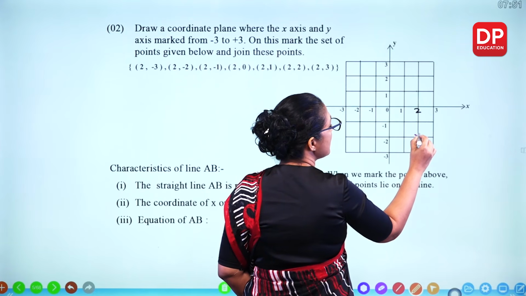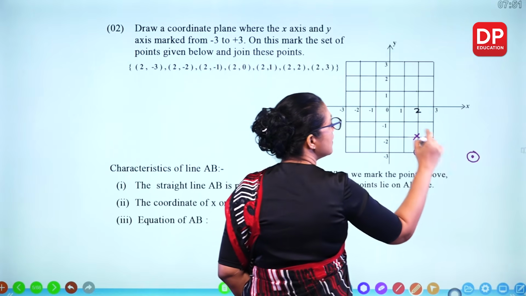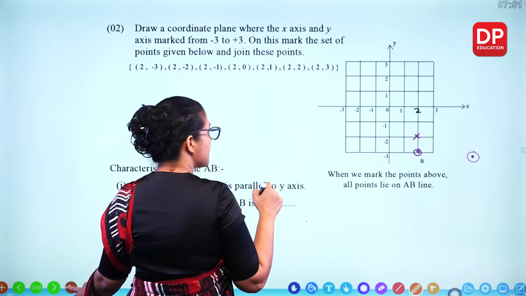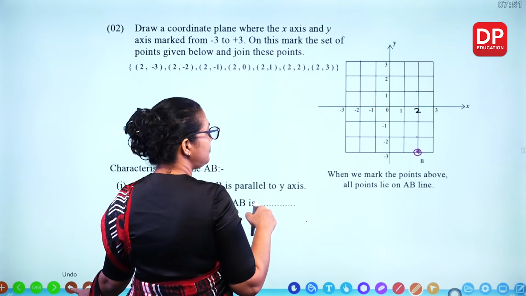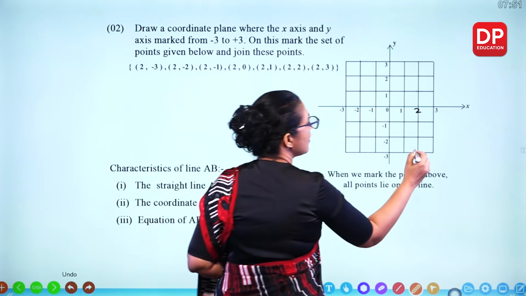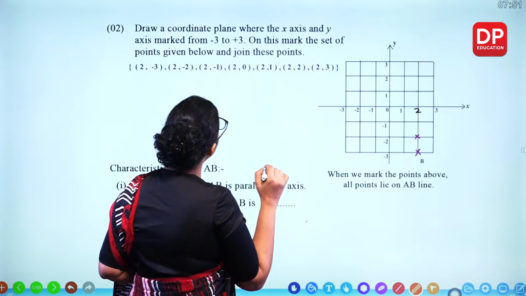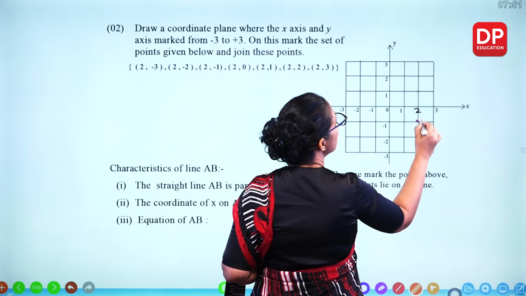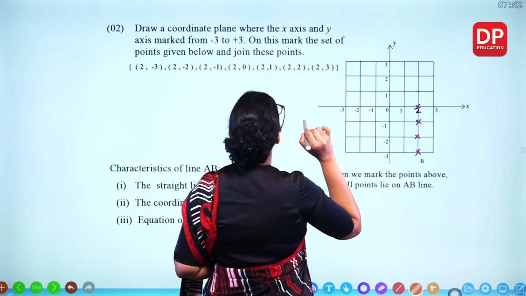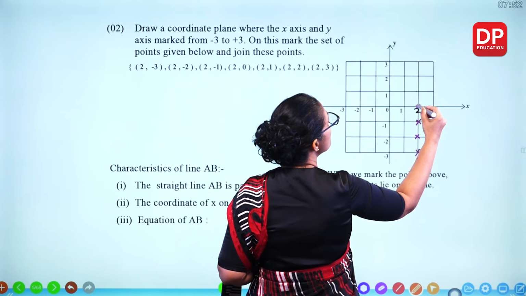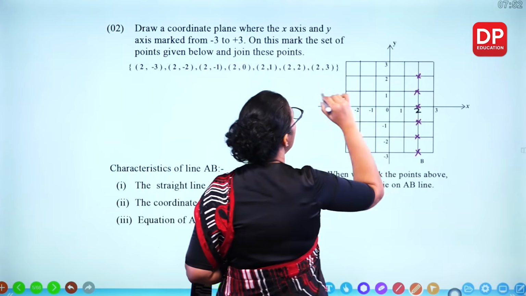Here you can mark it like a cross or a dot with a circle. I'll mark all these as a cross. And (2, -1) here, (2, 0), (2, 1) also there, and (2, 2) and (2, 3).